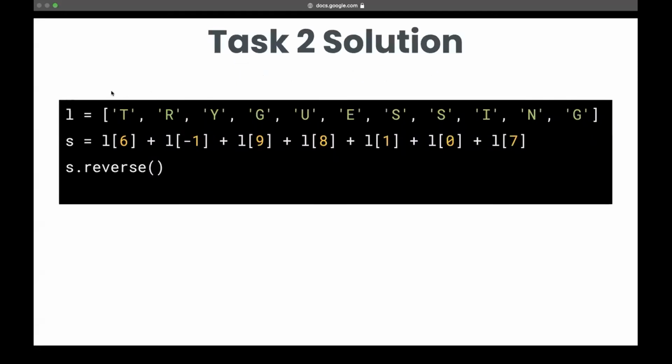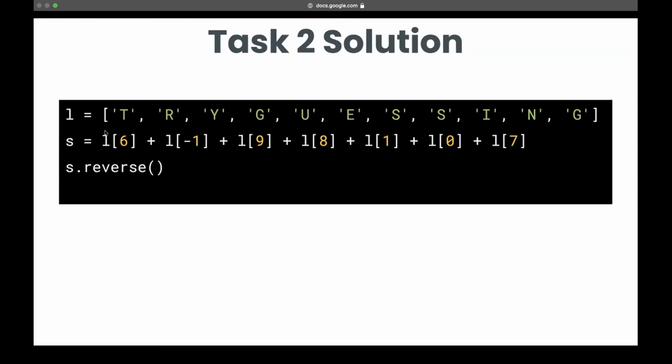Okay, this is the intended solution. Again, first you just type out the list here. Just copy the list from the slide. Then, to access the correct letters of the list, you use the square bracket operator.